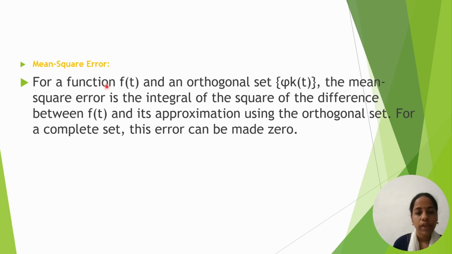Mean square error for a function f of t and an orthogonal set phi k of t: the mean square error is the integral of the square of the difference between f of t and its approximation using orthogonality. For a complete set, this error can be made zero.